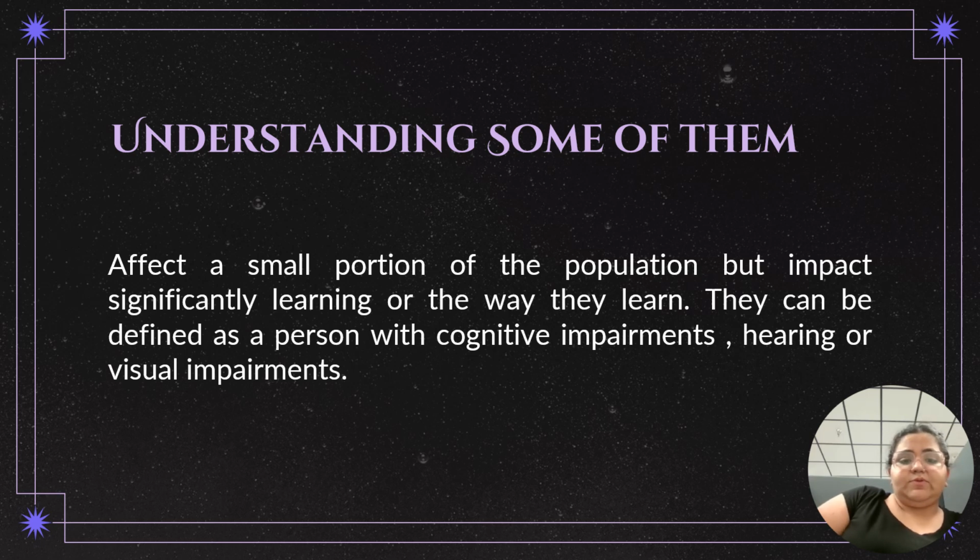They can be defined as persons who have cognitive impairments, hearing impairments, visual impairments, and this was a hard part for me to understand, as I feel like this is a branch of a much broader topic, as disability is.